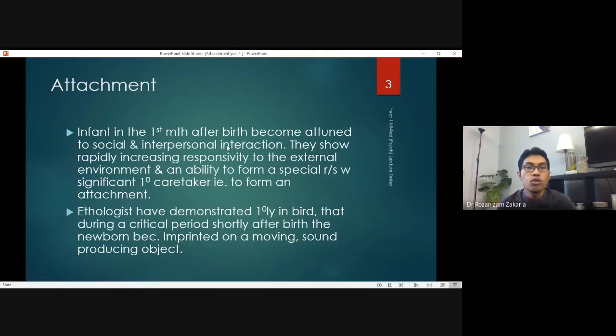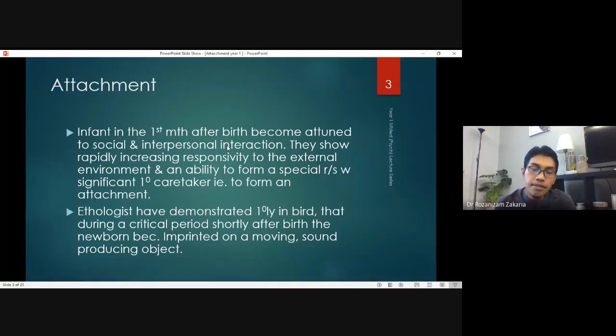All right. So in the first month of life, the child becomes attuned to social and interpersonal relationships, responds to their external environment, and starts to form a relationship with the primary caretaker.